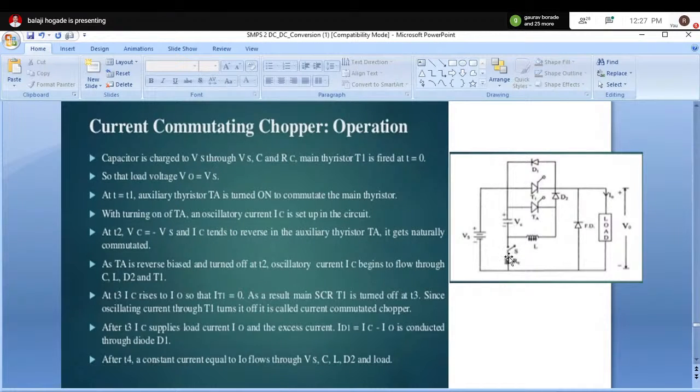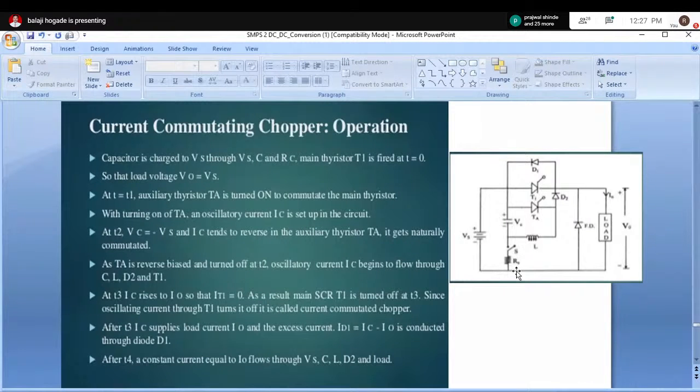Here it is. So the capacitor charges through this path: Vs, capacitor, charging resistor, that is the capacitor's charging resistance, and back to the source. So this way the capacitor is charged initially.